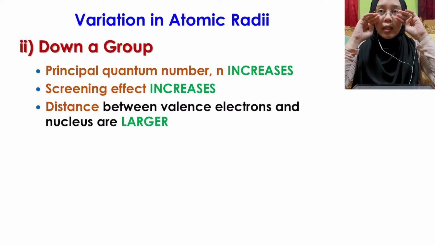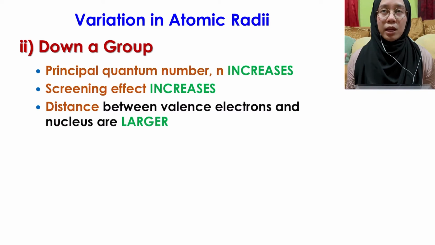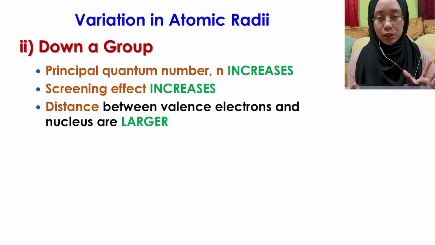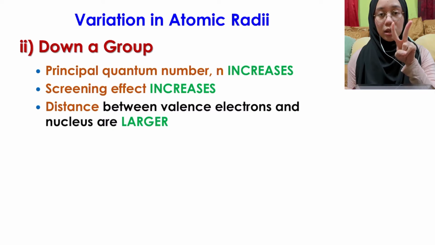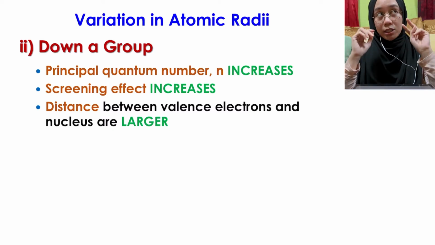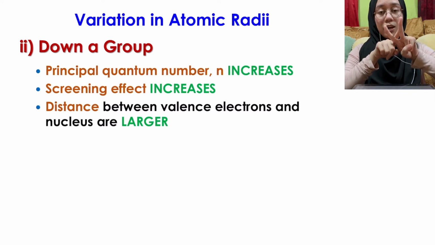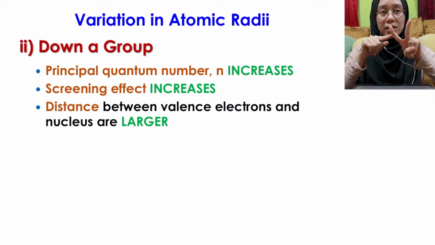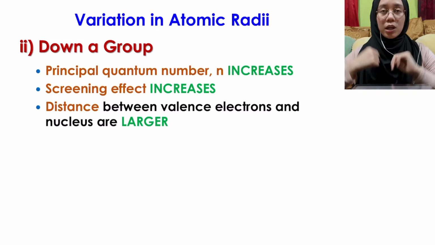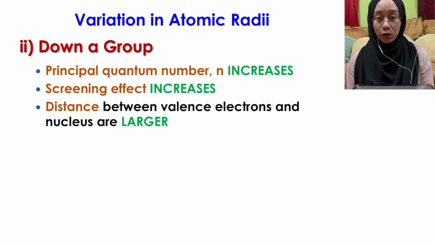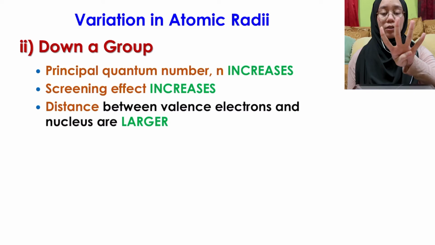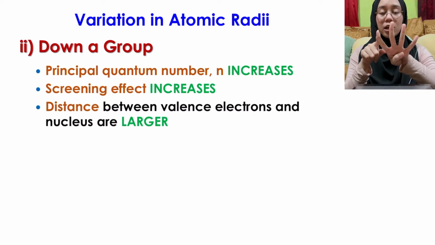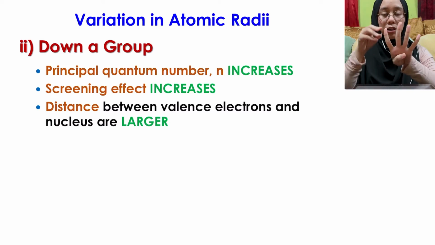Because let's say we take an element from period 2. In period 2, we have only 2 shells. So it means the valence electron is in shell number 2, and the only one interfering is shell number 1. But let's say we take an element in period 4. Period 4 means there are 4 shells. So our valence electron will be located in shell number 4.